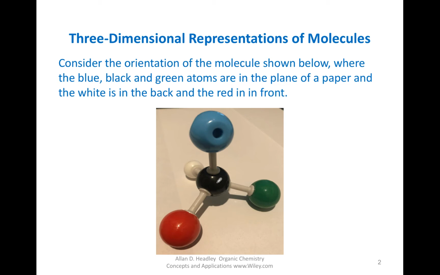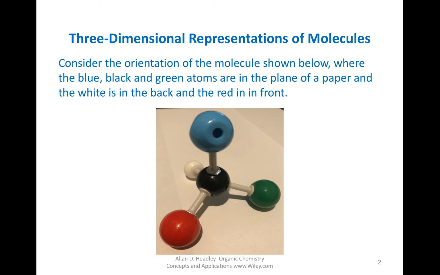Once you've built this molecule, our goal here is to see if we can communicate the actual structure of this molecule on paper. As you can see, one way of communicating this actual structure on paper is to take a picture and show the 3-dimensional arrangement of the atoms around carbon.